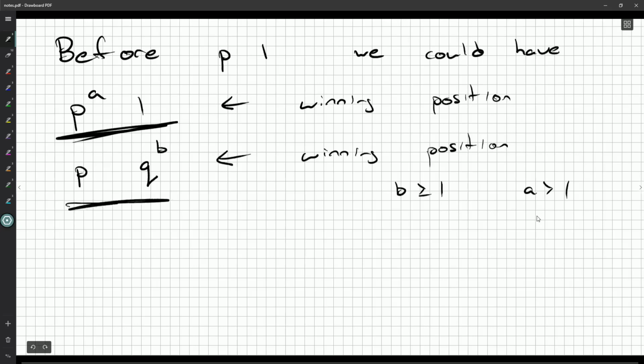If I start my turn looking at this, I know I'm going to win. So the question is, what can I give? What's the turn preceding that? If you had something like P squared Q to the B, you would know you were going to lose, right?